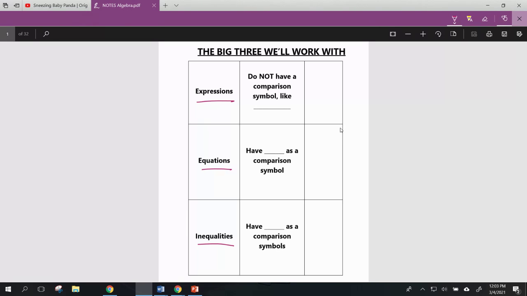look like. Expressions do not have a comparison symbol, like the equal sign, or the not equal sign, or the less than or equal symbol, or the greater than or equal symbol. There is no comparison symbol.